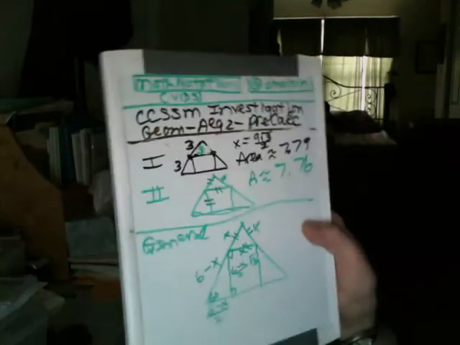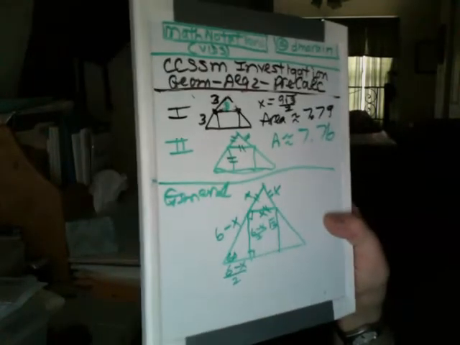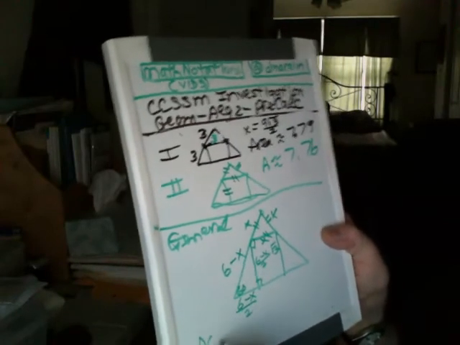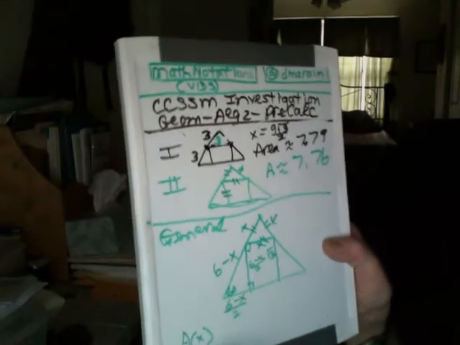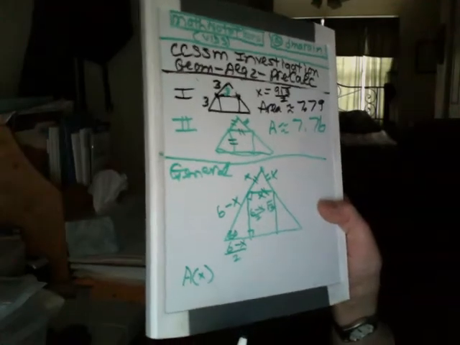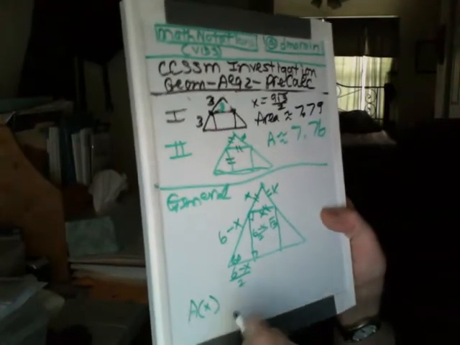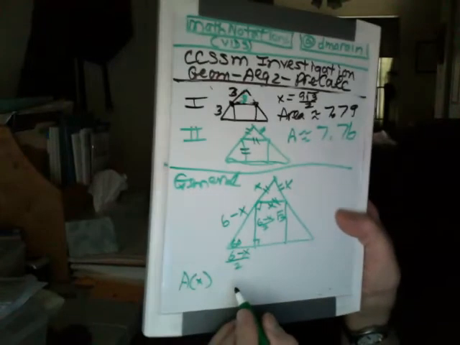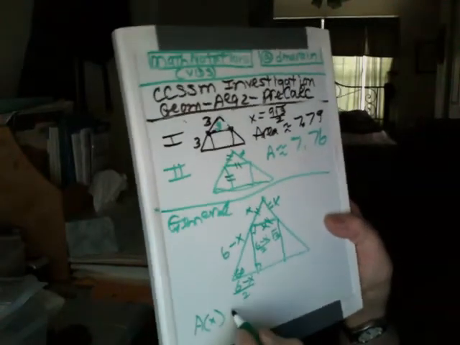So it looks like the previous problem, but this time we're not going to be able to solve for X. So we're going to build a function for the area, A of X. So now we're bringing in a modeling or a function model, which is Algebra 2 Precalculus. It's so important before we get to calculus to do this.